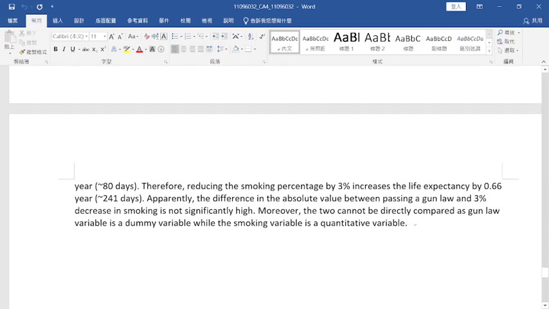Therefore, if you reduce the smoking percentage by 3%, there's an increase in life expectancy by 0.66 year, or 241 days. Apparently, the difference in absolute value between passing the gun law and a 3% decrease in smoking is not significantly high. Moreover, the two cannot be directly compared because gun law is a dummy variable while the other one is a quantitative variable.